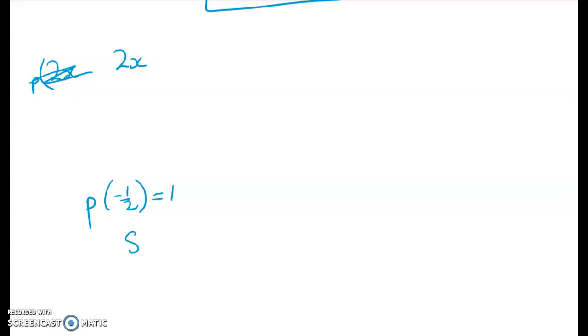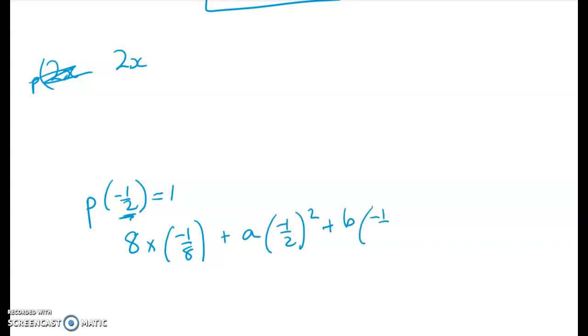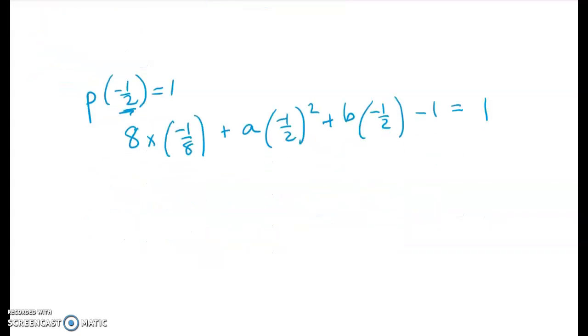Substituting that in gives me 8 times this cubed, which is negative 1/8, plus a times negative a half squared, plus b times negative a half minus 1, and that needs to equal 1. Right, simplifying here gives me negative 1 plus a quarter a minus a half b, take away 1, equals 1.